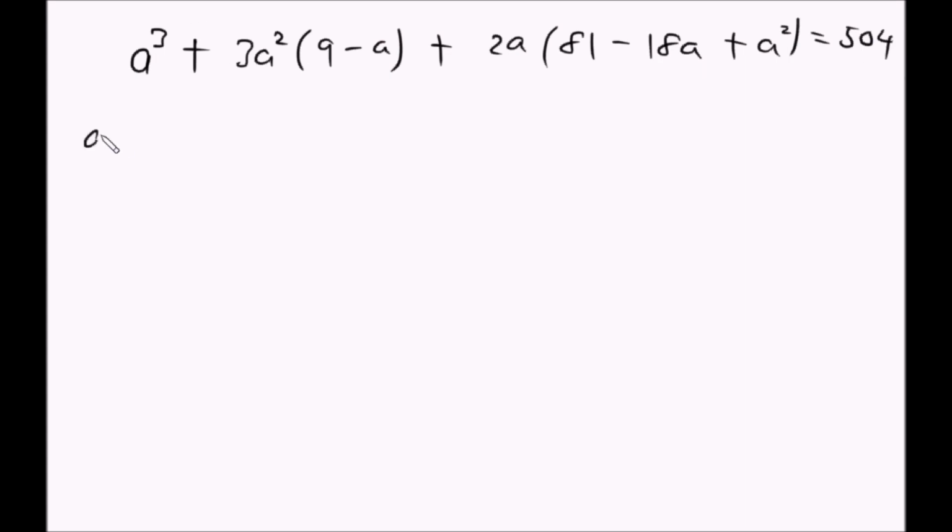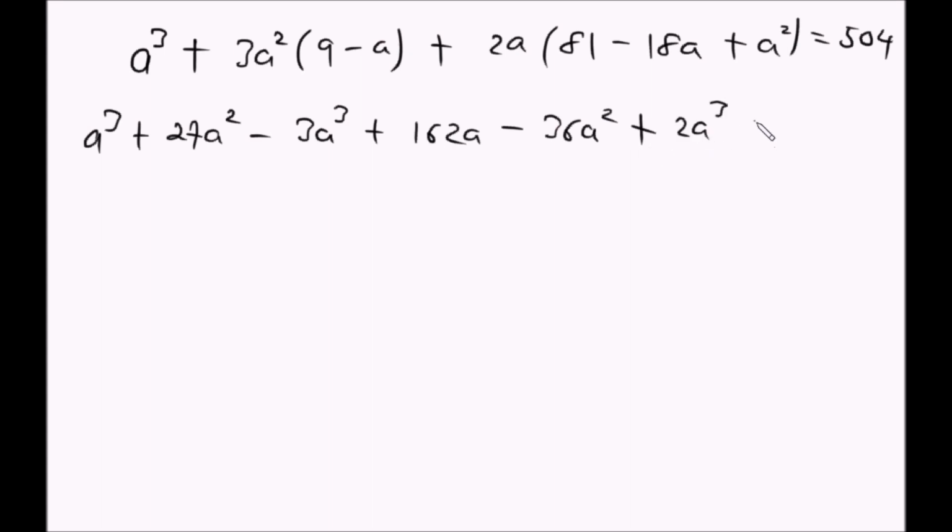So expand this: just a cubed plus, this is going to be 27a squared minus 3a cubed plus 162a minus 36a squared plus 2a cubed equal to 504.